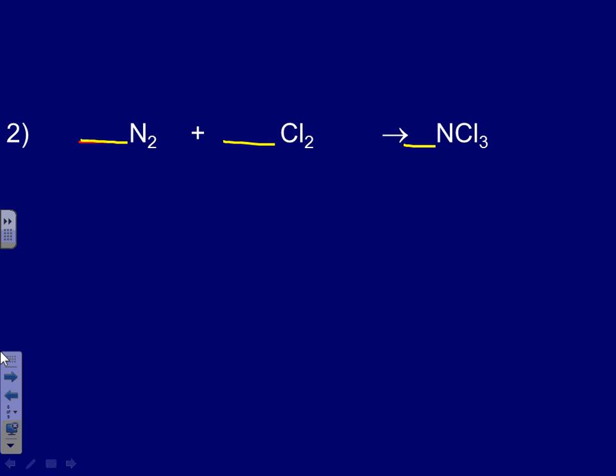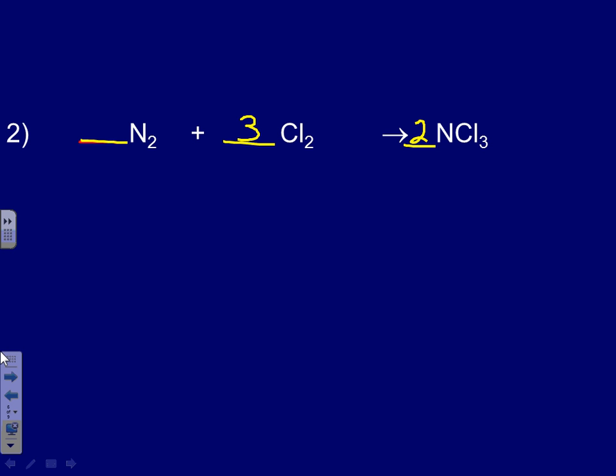So the 3 and the 2 concerned me. So what did we do? We decided to switch it over and put the 3 there and the 2 there. Okay? Which then allowed us to think about 6 and 6. Let's look at the N's. How many N's do I have on this right-hand side?